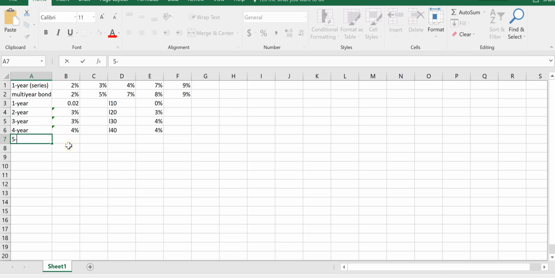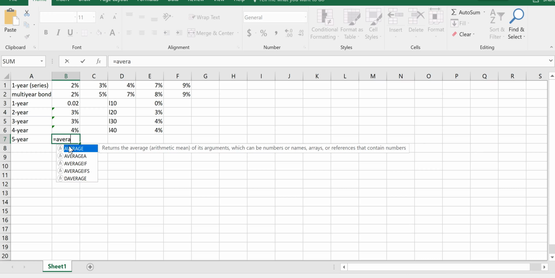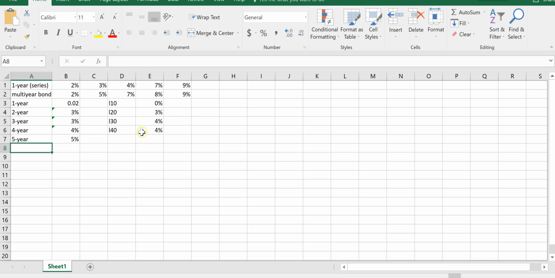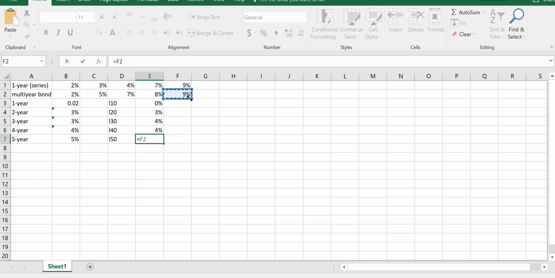And finally, the 5-year bond equals the average of all 5 interest rates, and then L50 equals the actual interest rate on the 5-year bonds minus the average of the 5 1-year interest rates.